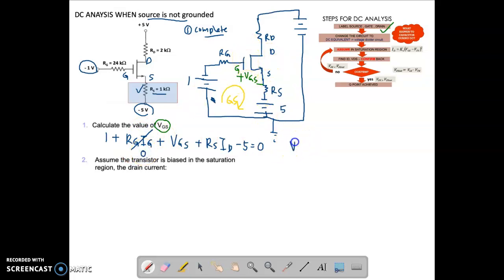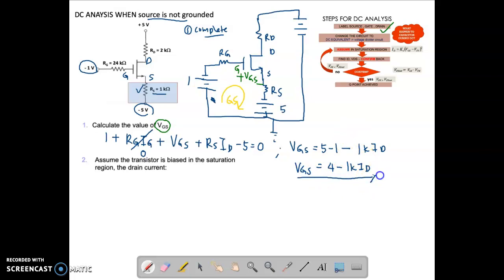So what will be the equation for your VGS? It is equal to 4, right? 5 minus 1 minus, what is your RS? 1K ID. So you get here 4 minus 1K ID. So your VGS is an equation.